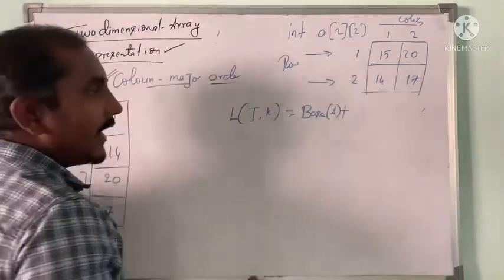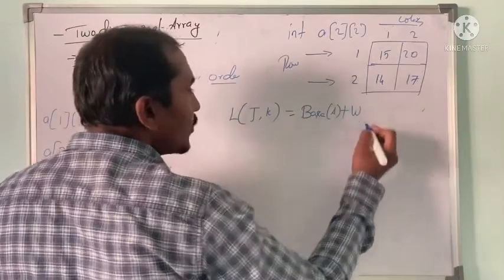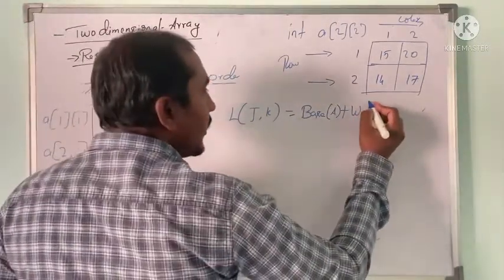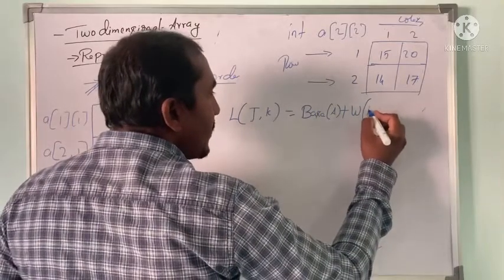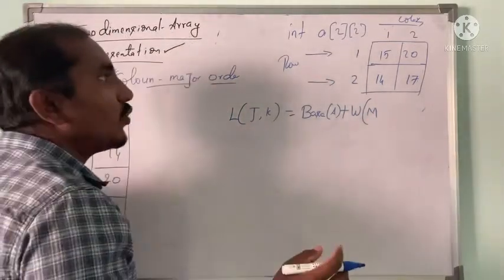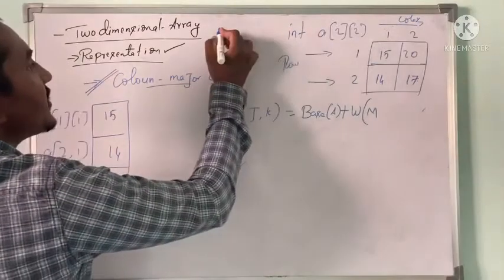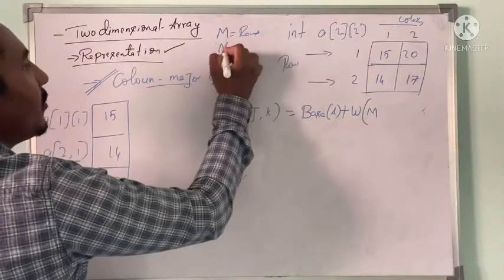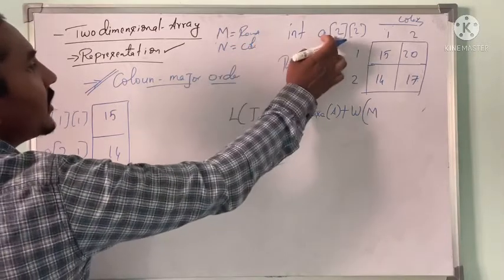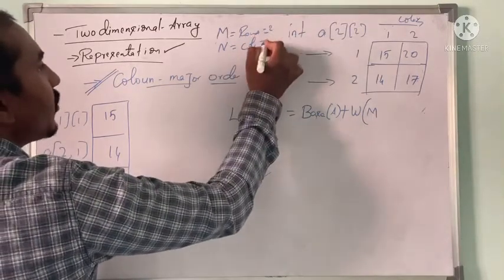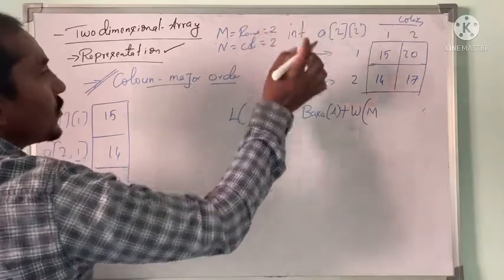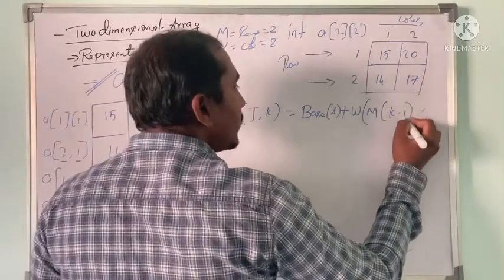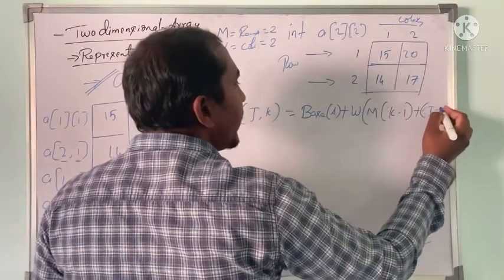It will be followed by w, which represents word length, also called width. Then m and n: m represents the number of rows and n represents the number of columns. Number of rows in the array is 2 and number of columns is also 2. So it is m, followed by k minus 1 plus j minus 1.